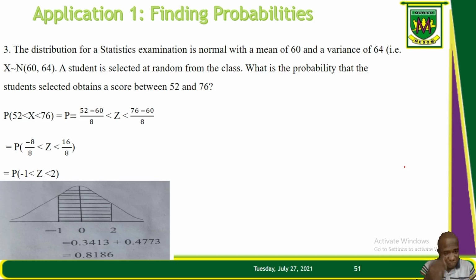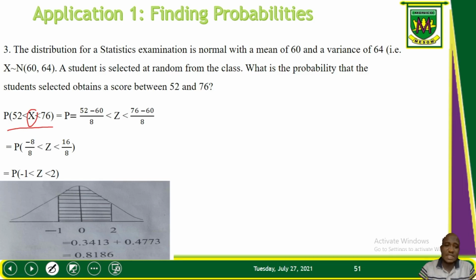So after putting your problem into a probability form, as we have here, P(52 < X < 76), because we know the value we are predicting should fall between 52 and 76. So we are going to work the probability in 2 parts.